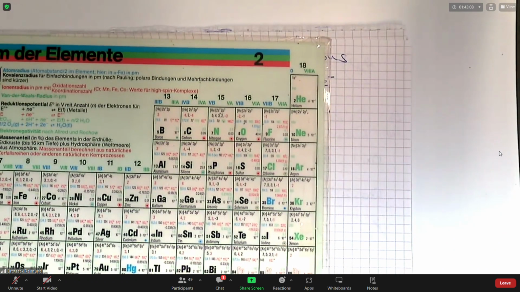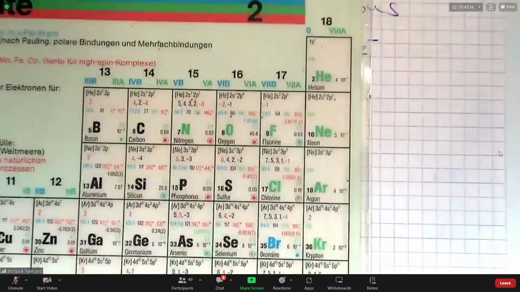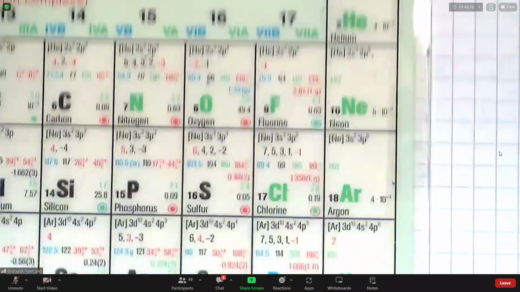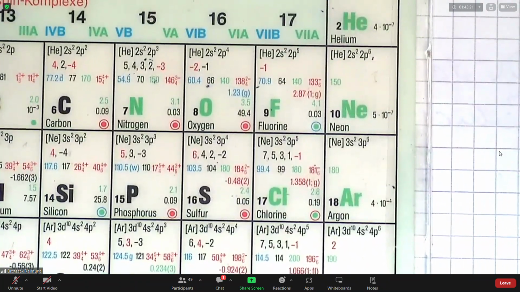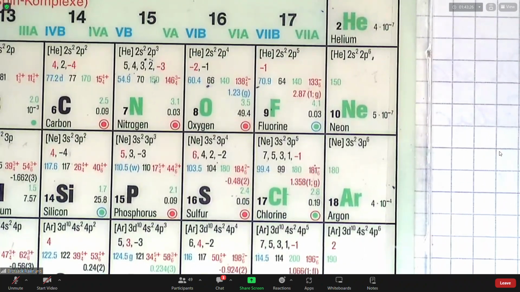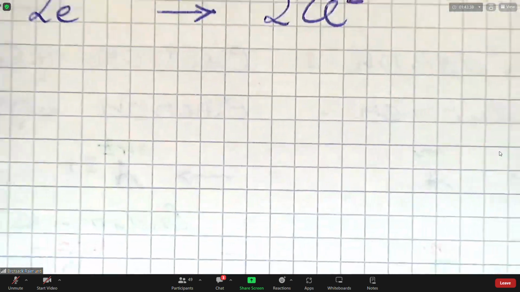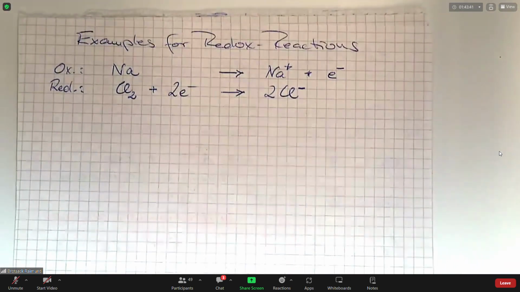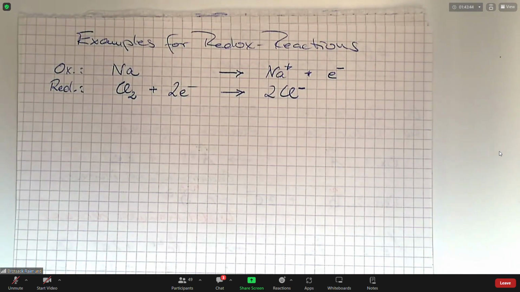Here we have 3s2, 3p5, and here 3s2, 3p6. One electron more than in the chlorine, but it will easily take it because then it's stable. And you see the -1 is the most common oxidation state for chlorine. So here we have the reaction. This is a reduction.